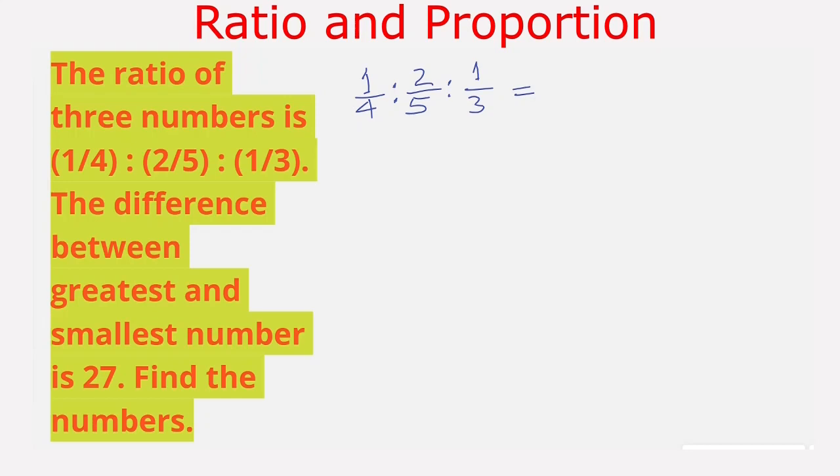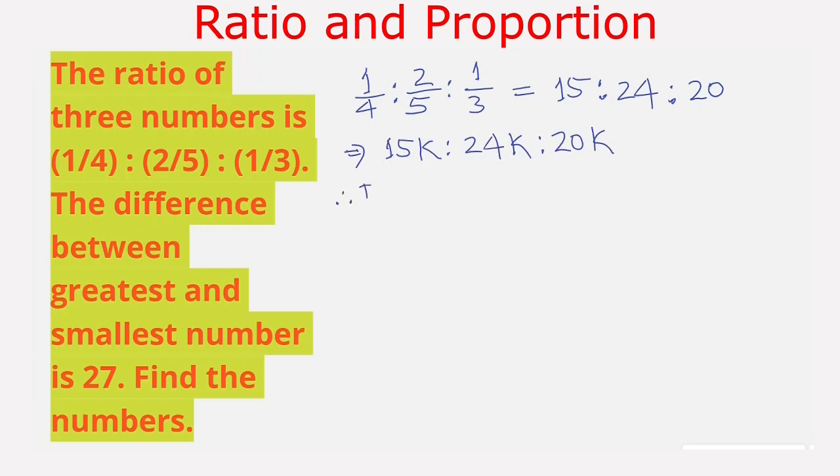when multiplied to 1 upon 4 gives us 15, and 2 upon 5 gives us 24. 60 when multiplied by 1 upon 3 gives us 20. So the ratio becomes 15 ratio 24 ratio 20. This can be written as 15K ratio 24K ratio 20K.